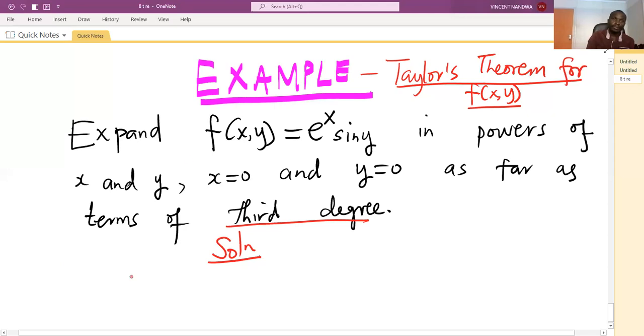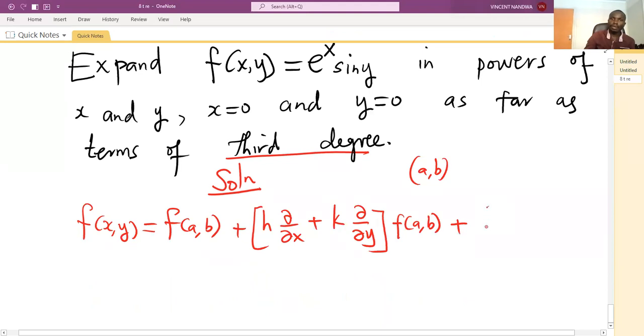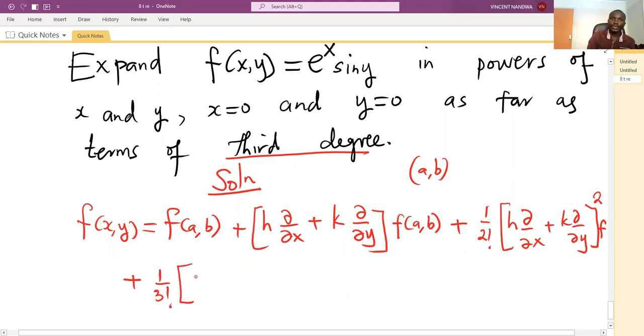So Taylor's theorem about a point (a, b) is given by f of x, y equals f of a comma b plus (h partial x plus k partial y) f at (a, b), plus 1/2 factorial times (h partial x plus k partial y) squared f at (a, b), plus 1/3 factorial times (h partial x plus k partial y) to the power 3 f at (a, b), plus other terms.